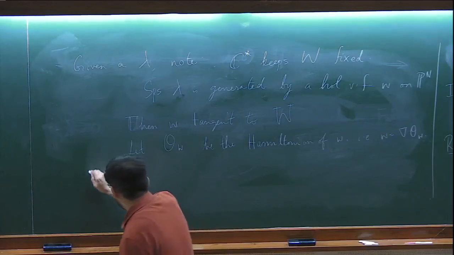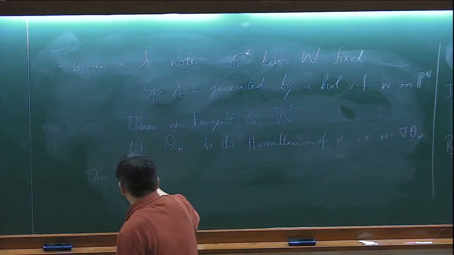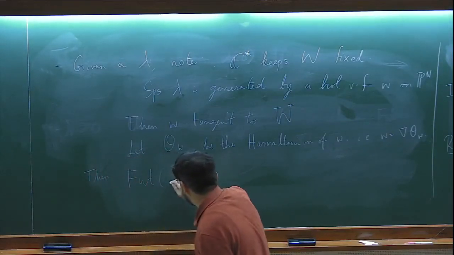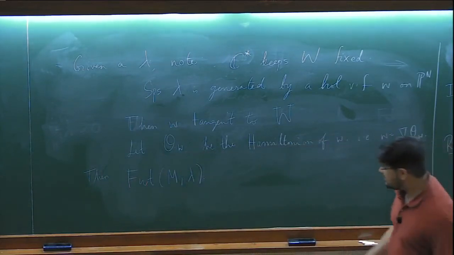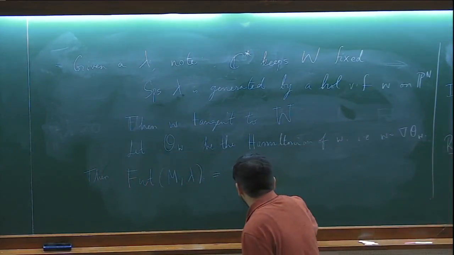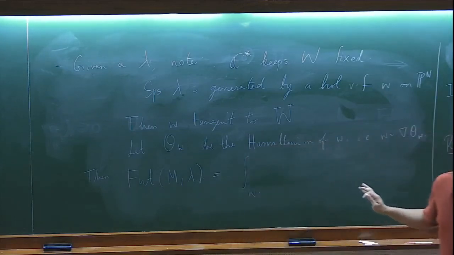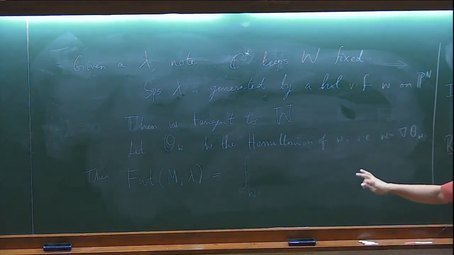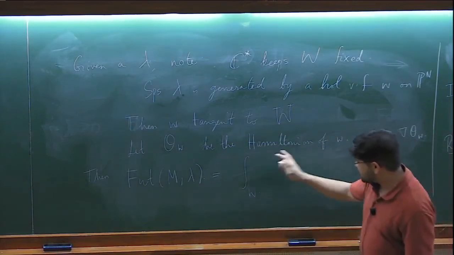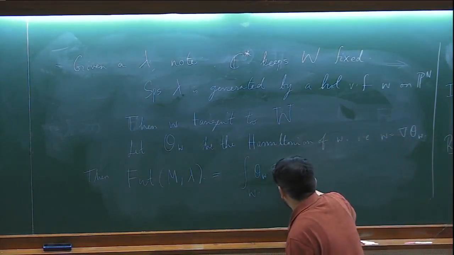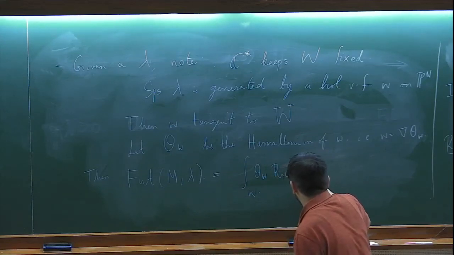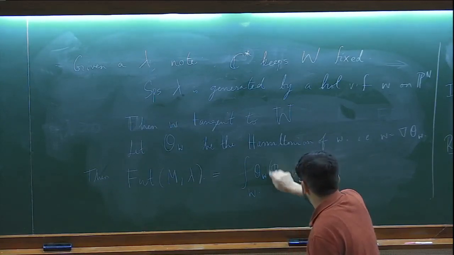So then we define this number, which is called the Futaki invariant of M, and this degeneration is defined by a certain integral. So for the rest of the talk, it's unimportant what these quantities are. Just for completion, I want to give you the formula. This is given by something of this sort.